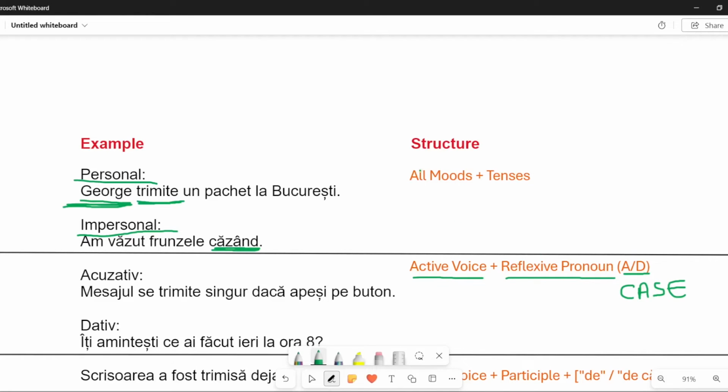So here, any action done in the active voice, specifically in personal moods, can be done either oneself or to oneself.